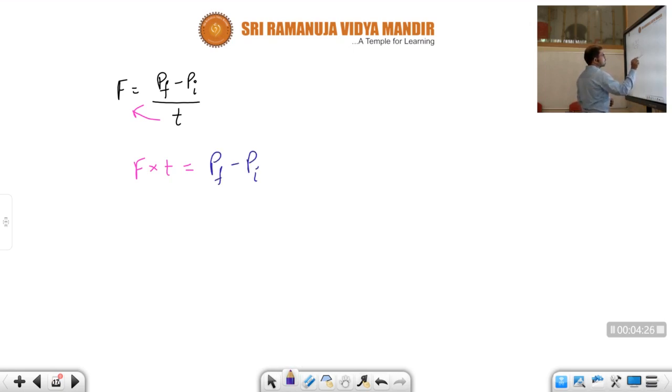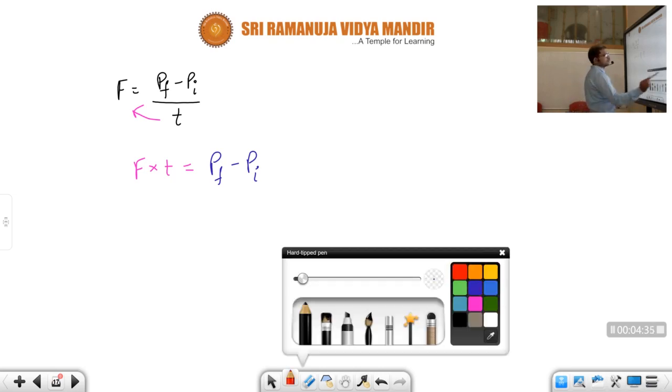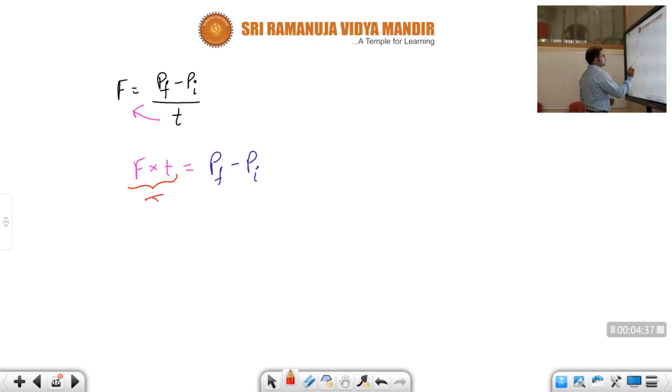Pf minus Pi, final momentum minus initial momentum. What is this one? Impulse. The change in momentum in some specific time interval is nothing but impulse, children.